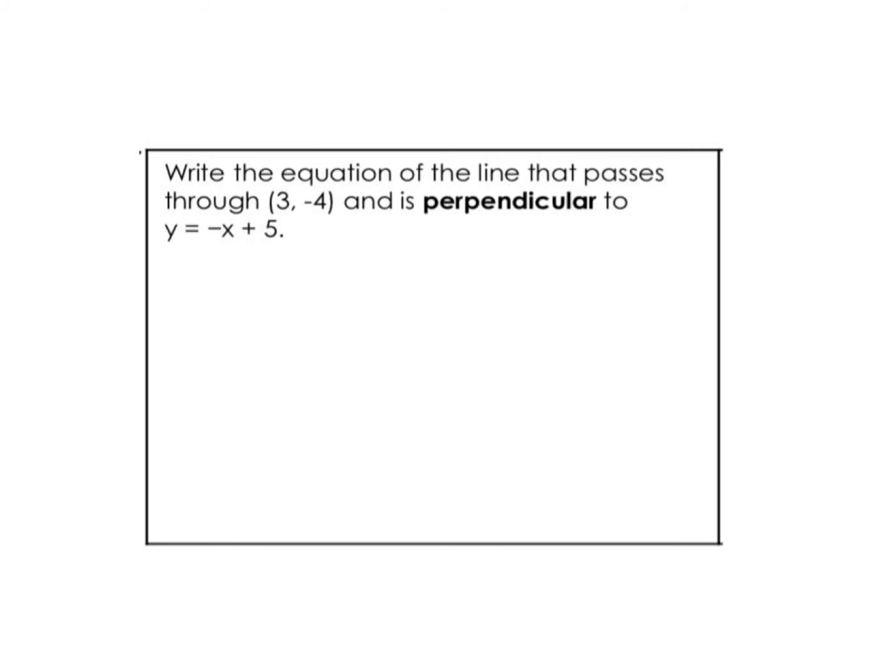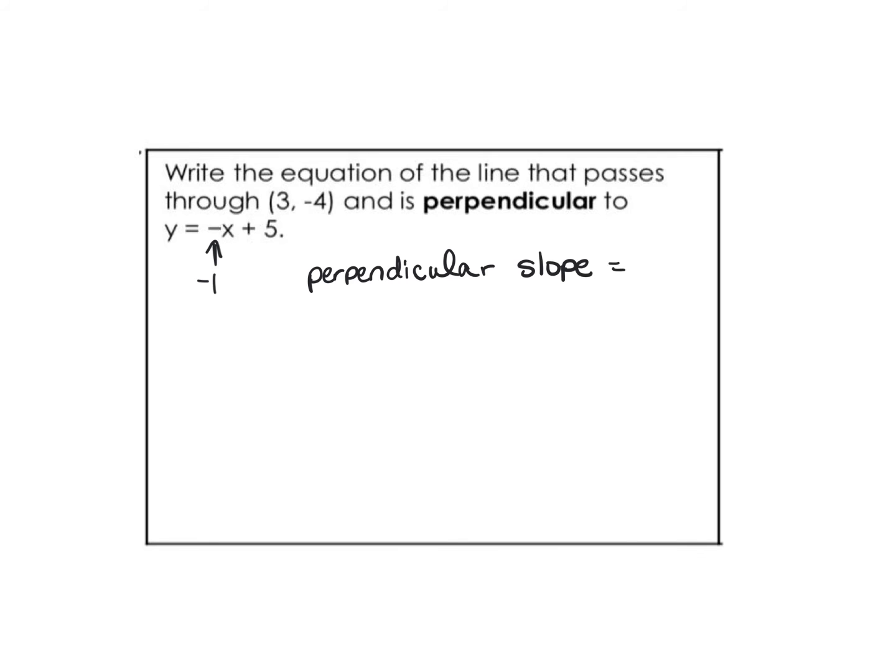So here's an example. Write the equation of a line that passes through (3, -4) and is perpendicular to y equals negative x plus 5. Okay, so the slope of this line is -1. So the perpendicular slope, that's what we're going to use, is going to be 1, because remember we change the sign and flip the fraction.